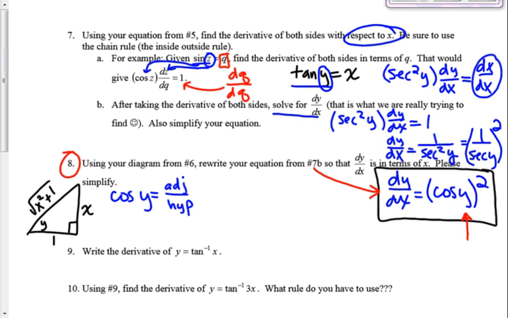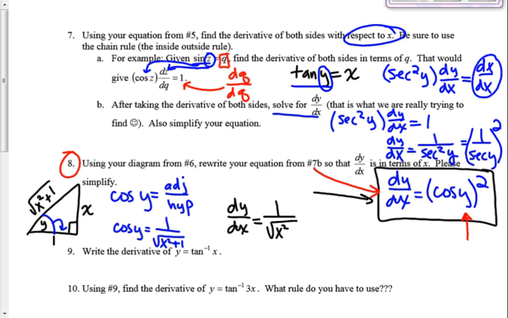So I'm going to come to my triangle. Here's my angle. Adjacent is going to be 1. So cosine y is going to be 1 over the hypotenuse, the square root of x squared plus 1. So now all I need to do is substitute. So I'm going to be substituting into the equation I had here. So now I have dy dx is going to be 1 over the square root of x squared plus 1, quantity squared.